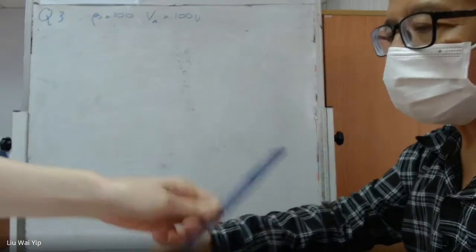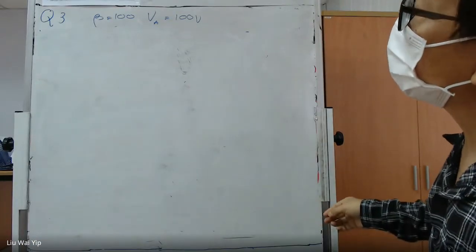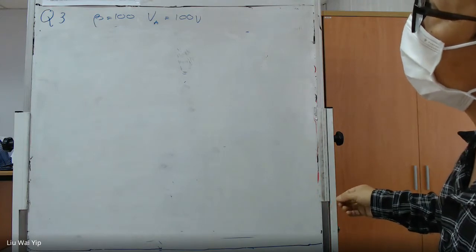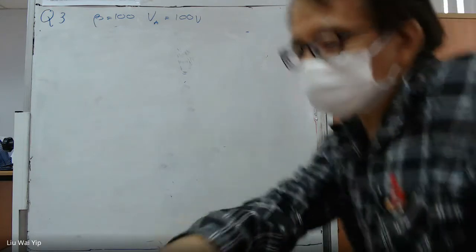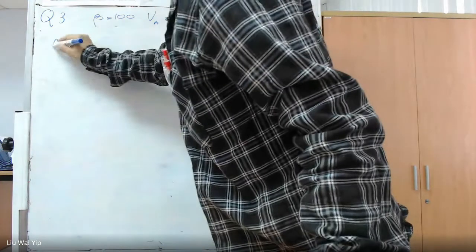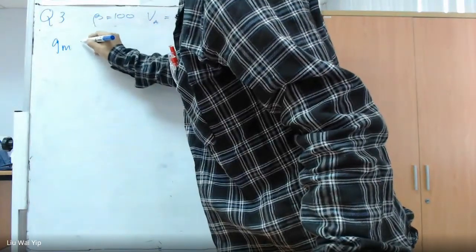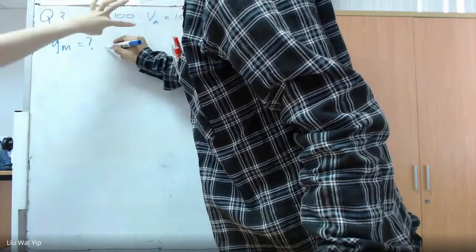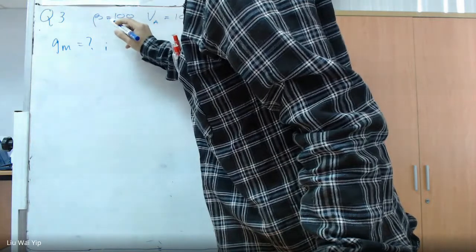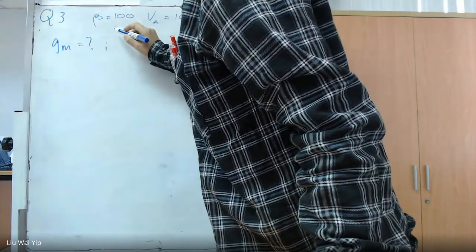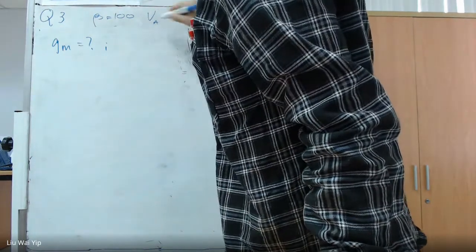The next part of the question is to find the AC parameter, gm. So for gm, we still need the beta and the VA here, right? Do we need it in question B? The beta and the VA? No, we only need the IC. But IC is already given.